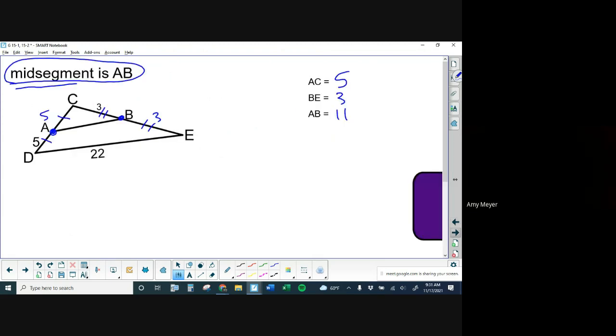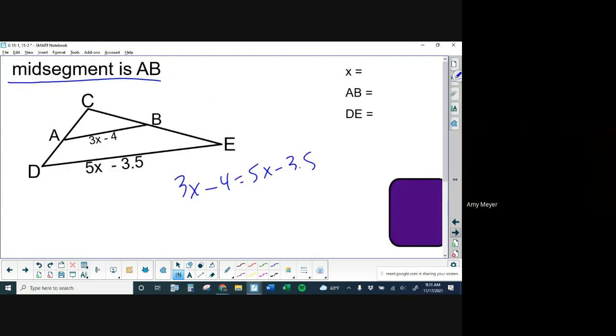So let's write that formula down. In words, please write down mid-segment equals half the third side. Okay, let's fill in exactly what this formula says.